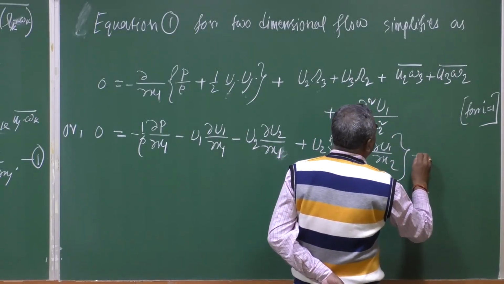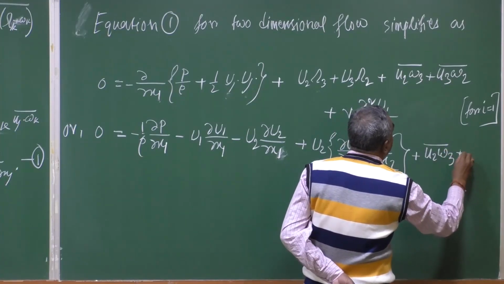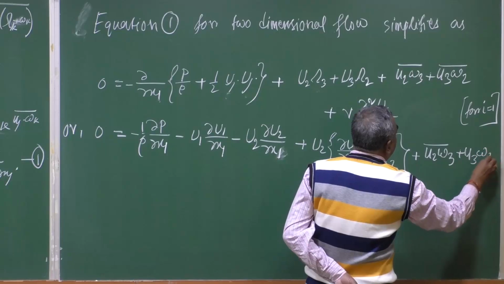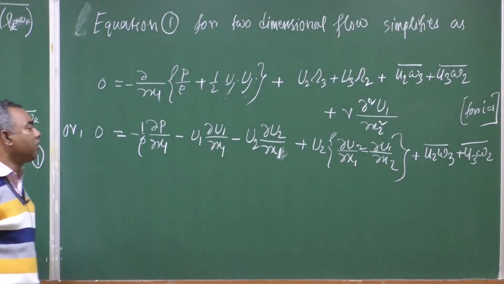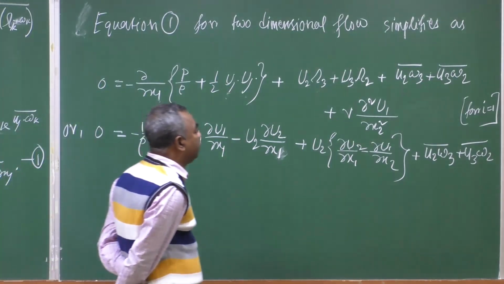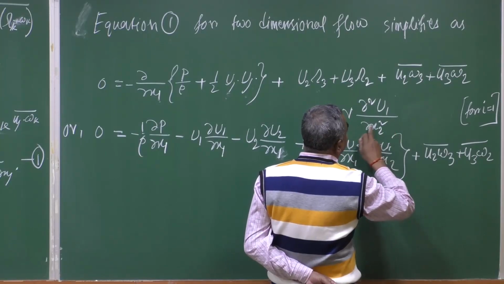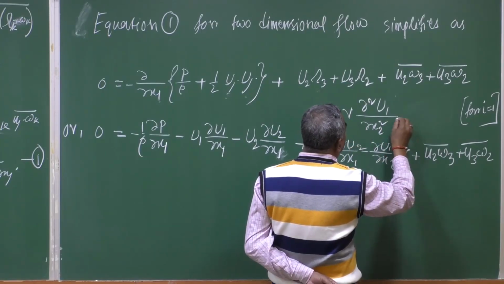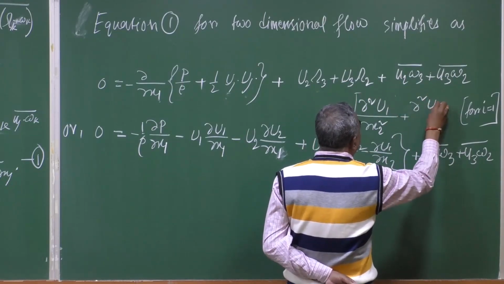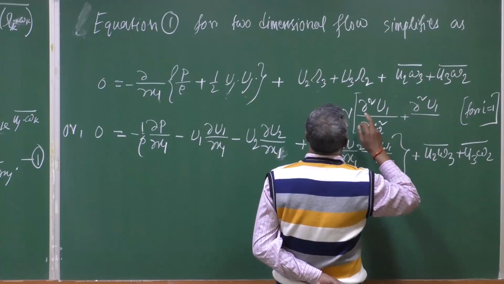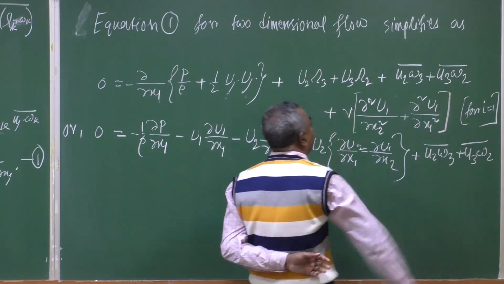So, this term is essentially 0 plus we are left with u 3 omega 2, and as another step let us also consider the viscous term is sort of negligible. I think we have for x 1 we have written this equation. So, that means another term should be there. Okay. I am really sorry that I have made a mistake, and that is for x 1 that x 1 square should be there. Okay.